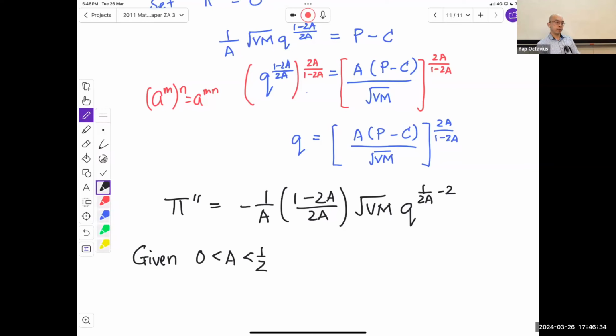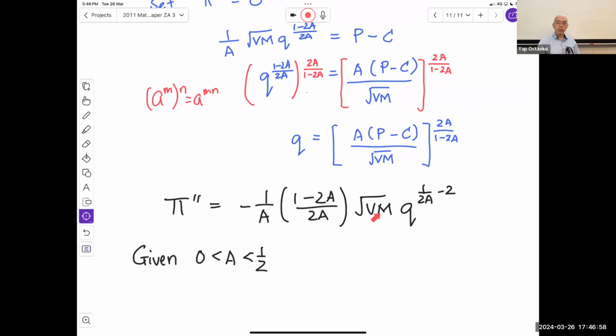A is positive. So if A is positive, this term is already negative. So this term must be positive. If this term is not positive, you cannot get the second derivative to be negative.